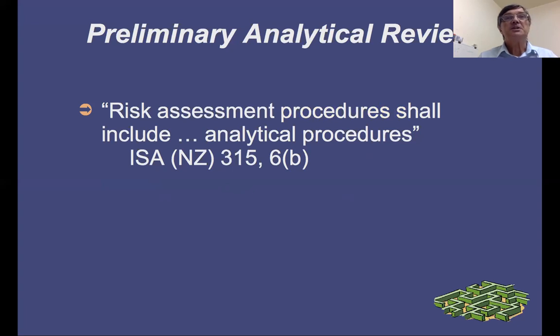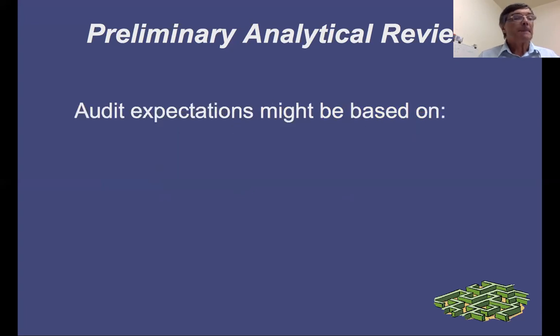And this is where it says that we must do some analytical procedures for our risk assessment. Now, our audit expectations, where do they come from? Well, the commonest one is looking at last year's figures, the previous year.